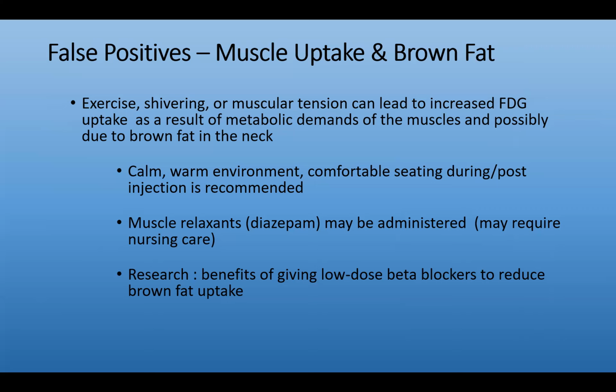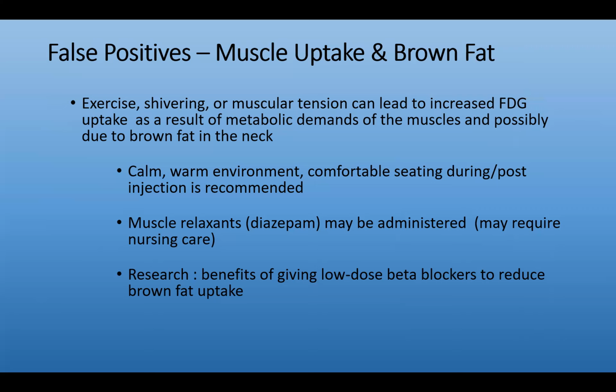For patients that may be anxious, nervous, maybe a little frightened, or claustrophobic, it may be worthwhile to offer them muscle relaxants. And this can be in the form of diazepam, which is Valium. Another agent is lorazepam, which is Ativan.